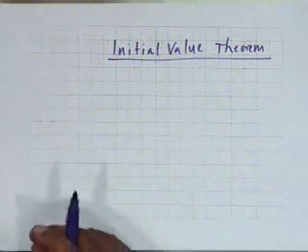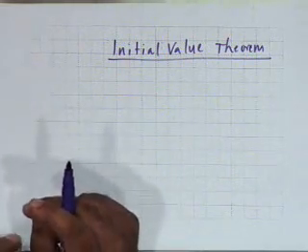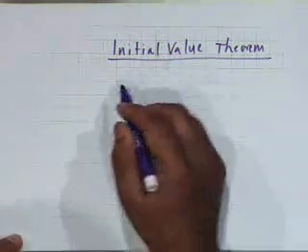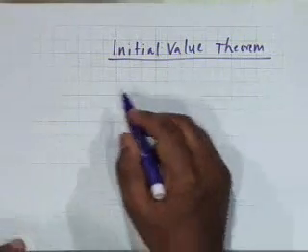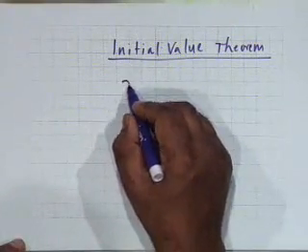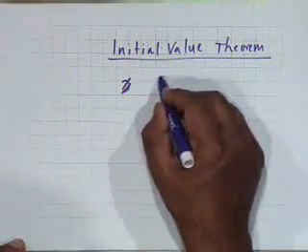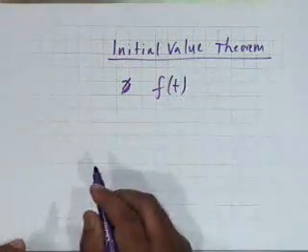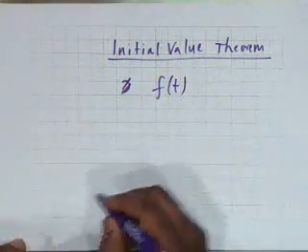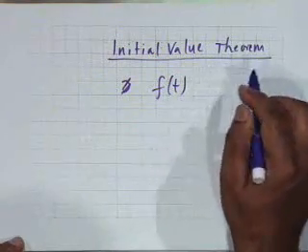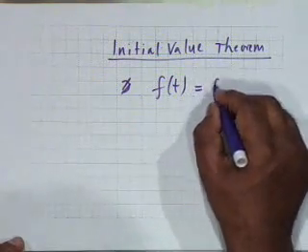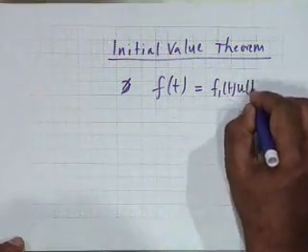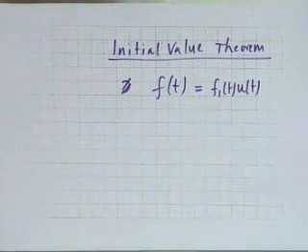The proofs of both and the applicability of both concern right sided functions. That is, we consider an x of t, let us make it f of t. We consider an f of t which is right sided, that is f of t is some other function, let us say f1 multiplied by u of t. We consider a right sided function.